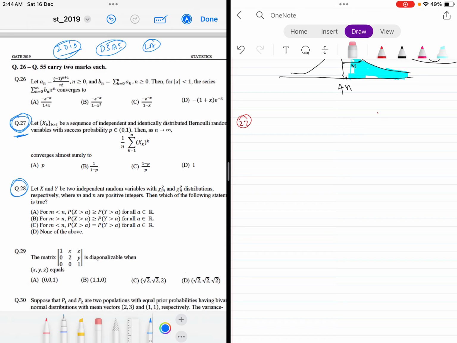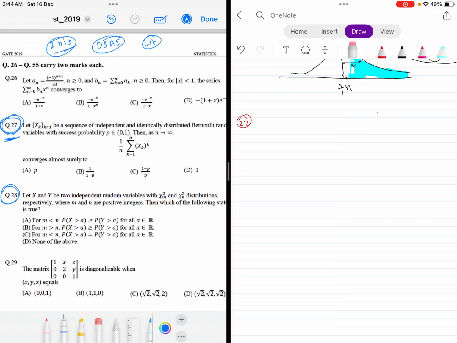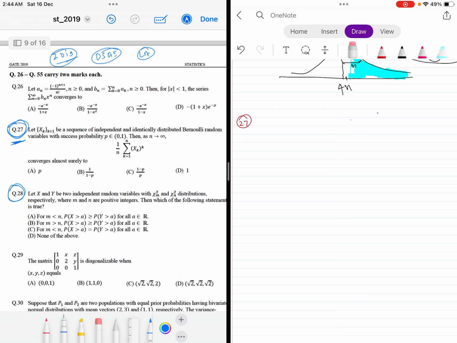So let's pick question number 27. What we have been given is a sequence of independent and identically distributed Bernoulli random variables, right? So what does a Bernoulli random variable take?